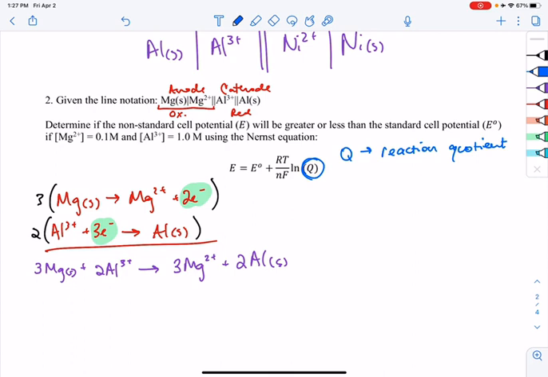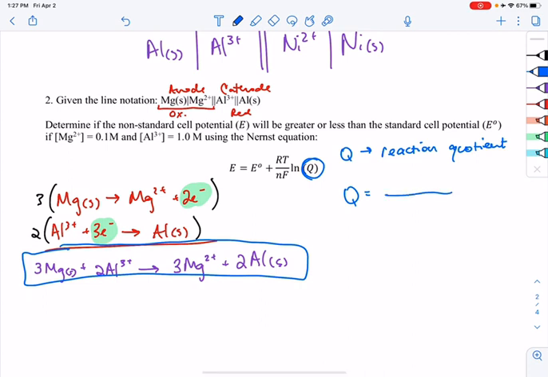But it's just at some time point that is not at equilibrium. So if we wanted to write out an expression for Q, you would look at your overall reaction. Okay? Now, what states of matter don't show up in our equilibrium statements? The solids. So what this is going to look like is the concentration of magnesium over the concentration of aluminum.